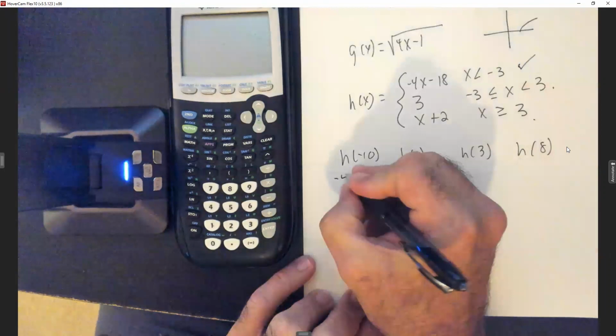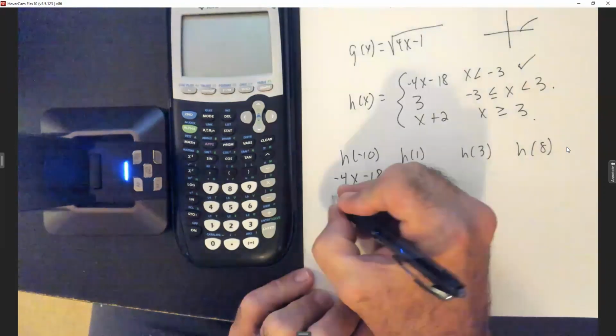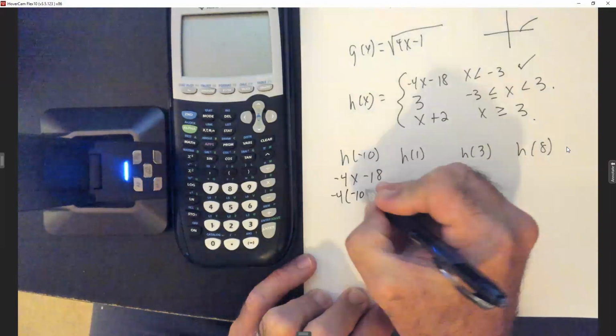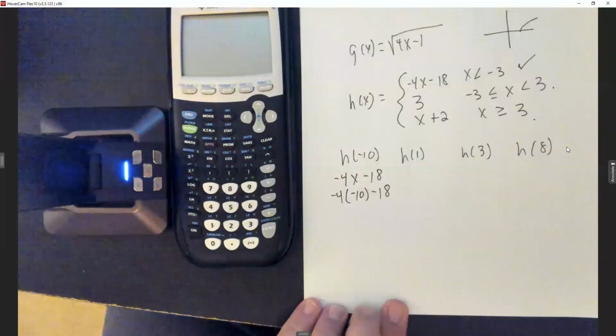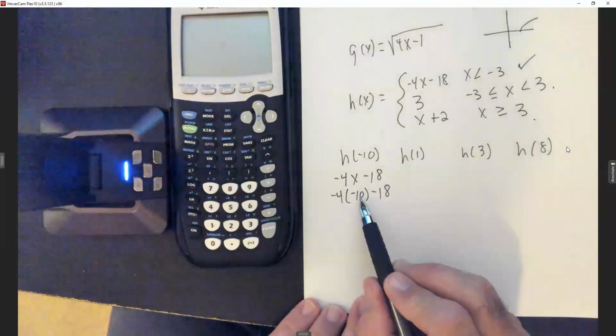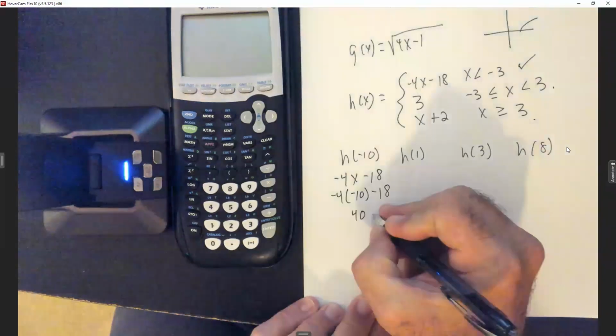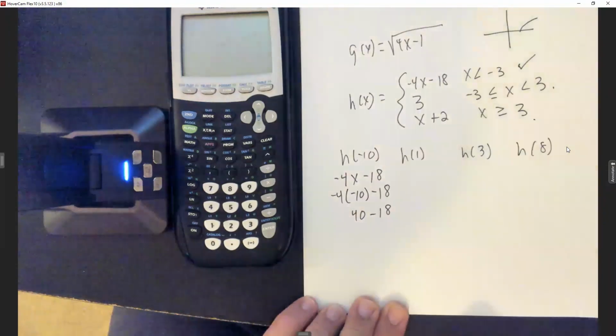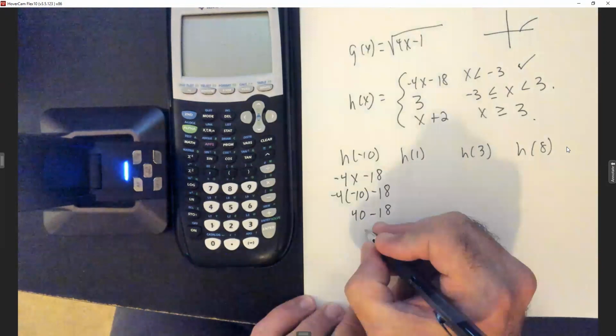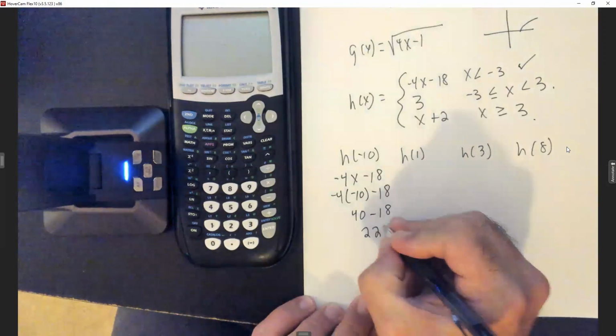In place of that x, I would put that negative 10. Now, you got to multiply before you subtract. So negative 4 times negative 10 is 40 minus my 18. And 40 minus 18 is 22. So h of negative 10 is 22.